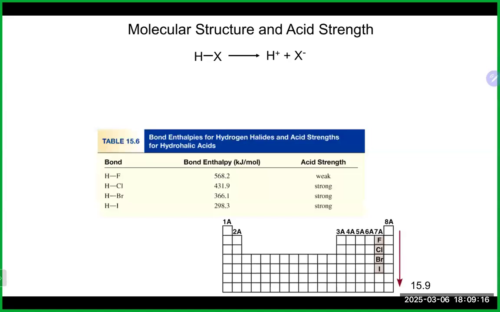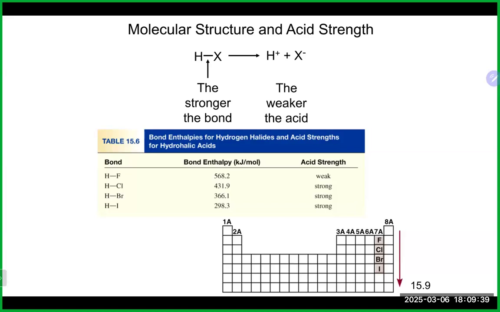But before we do that, let's talk a little bit about acid strength. There's really two types of acids that we come across. Ones that contain oxygen and ones that don't. And when we're dealing with acids that do not contain oxygen, we want to look at which one is a stronger acid.